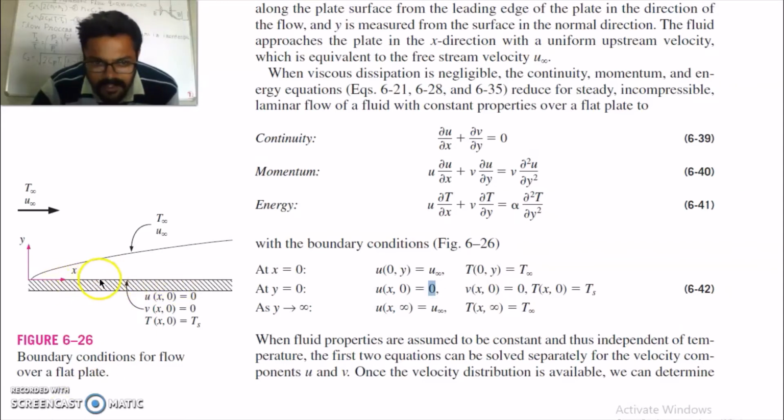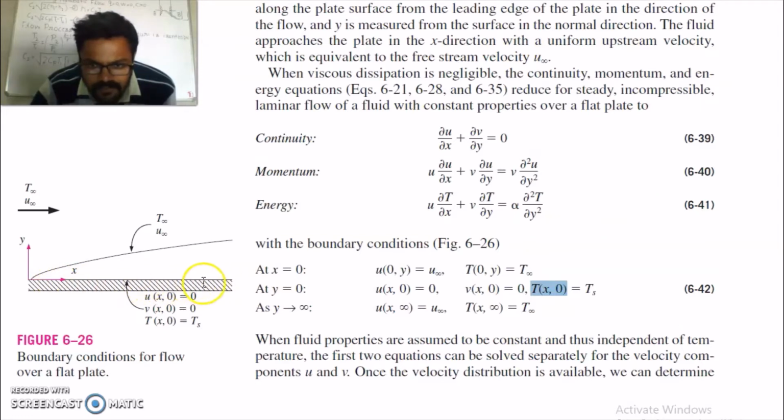So at this layer adjacent to the plate, the vertical component of velocity is also 0, that is v(x, 0) is also 0, and T(x, 0) is equal to the surface temperature at this location.